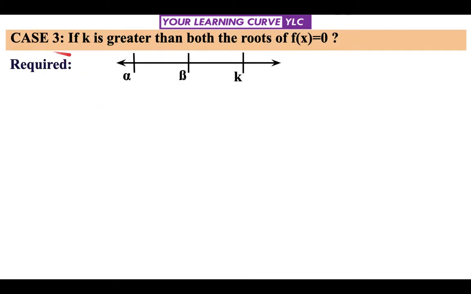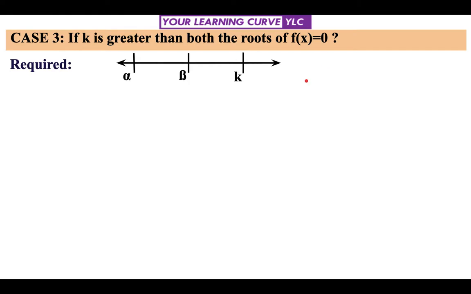Now let's discuss case 3, where we have to ensure that k, a given constant number, is greater than both the roots of the equation f(x) = 0. That is, when we plot this situation on the number line, we have to ensure that if the roots alpha and beta are here, then k lies on the right side of the larger root.